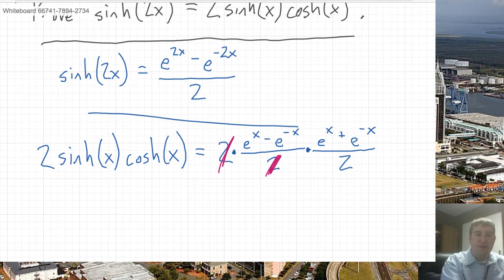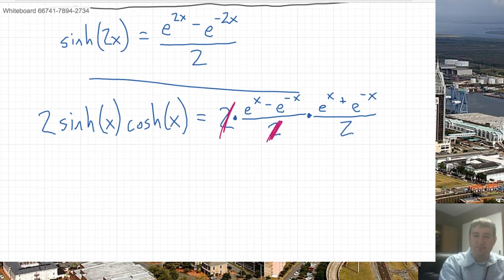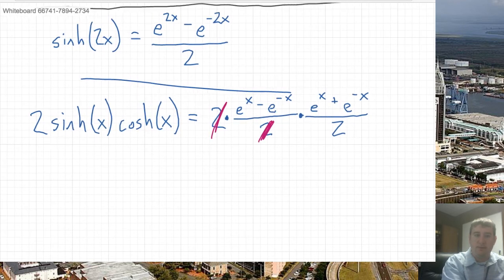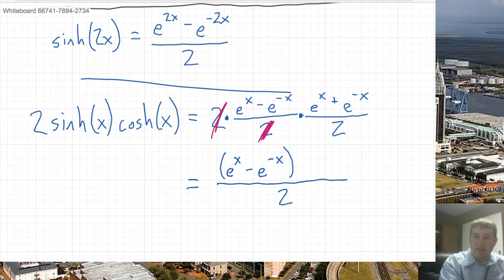The other thing I'm going to need to do, let's just combine both of those fractions. So I've got a fraction all divided by 2, and I'll write it out: e to the x minus e to the negative x times e to the x plus e to the negative x.